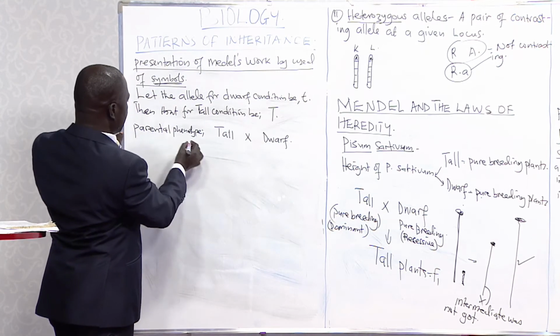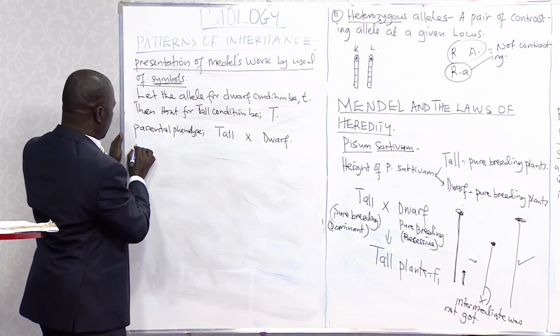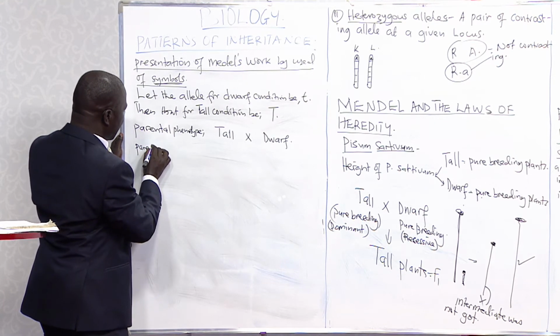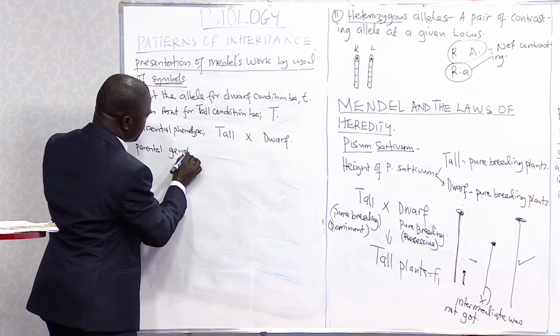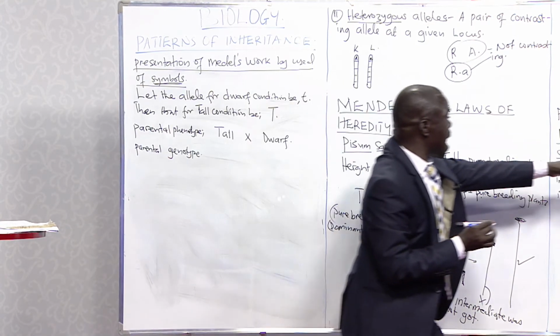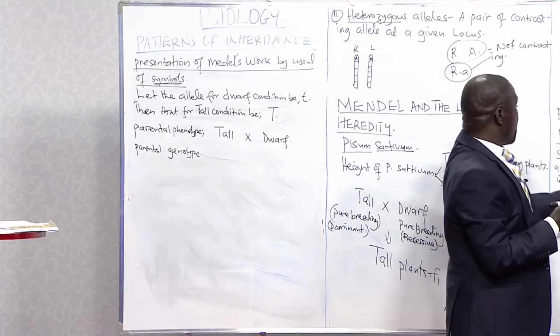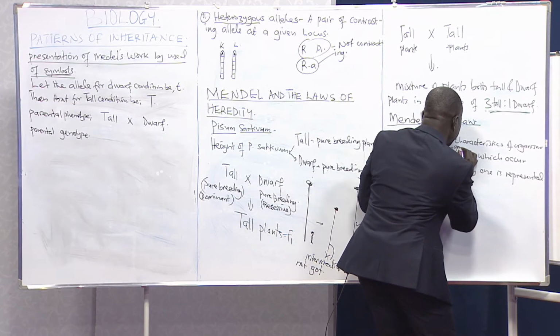So this parental phenotype, then we have the parental genotype. Genotype. We have said characteristics of organisms are controlled by factors, which we said are genes.